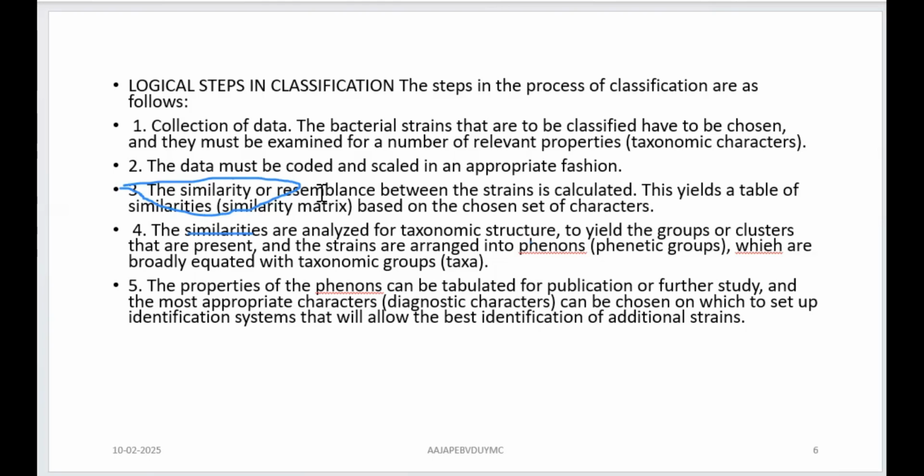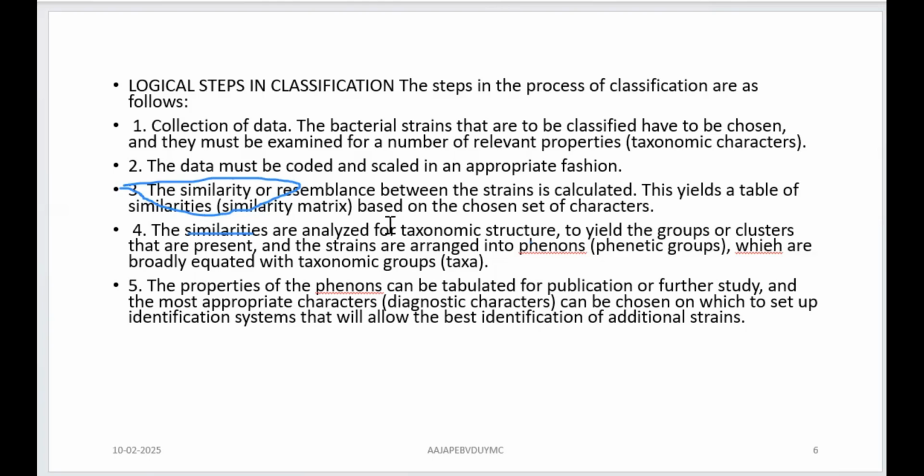But for two strains, say for example, we observe weakly positive and strongly positive. So you have to compare between the positive responses also, isn't it? How strongly positive, how weakly positive, that could also be one of the parameters when you are going to find out similarity and put together the similarity matrix.